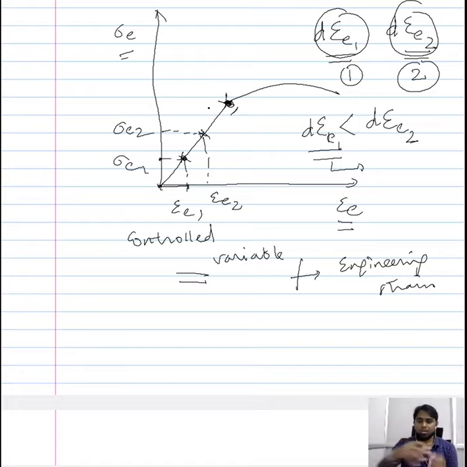So in order to define a point that gives a unified value, beyond which whatever happens is predominantly plastic in nature, we have another point defined. Even though we can use the proportionality limit or the elastic limit to describe a point beyond which there is an onset of plastic deformation, this point is dependent on the sensitivity of the testing machine, so we cannot use it as it is.